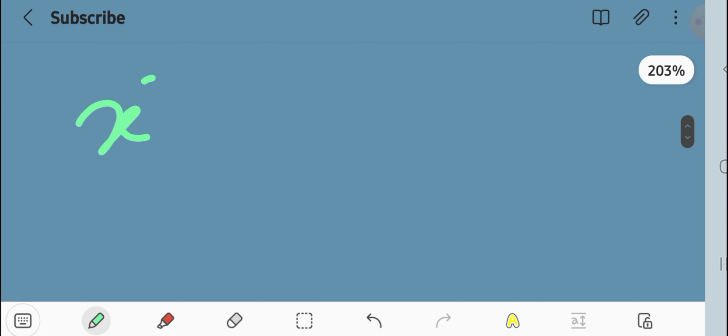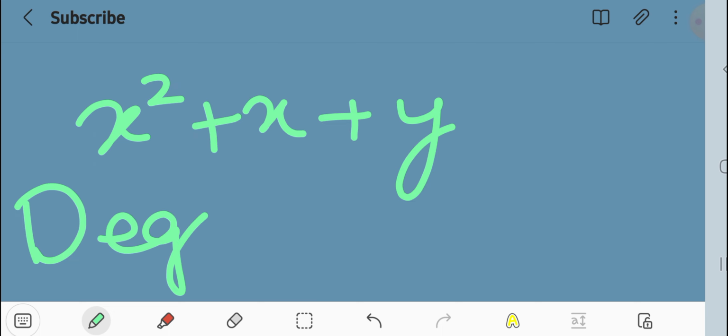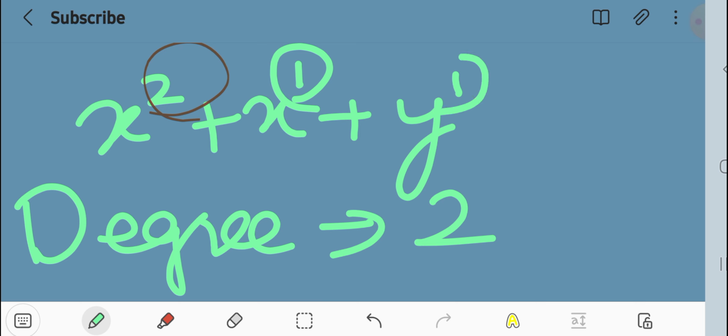So let's take x square plus x plus y. What is the degree? Yes, it is 2, because 2 is the highest power compared to 1. If there is no exponent written, you should take it as 1.